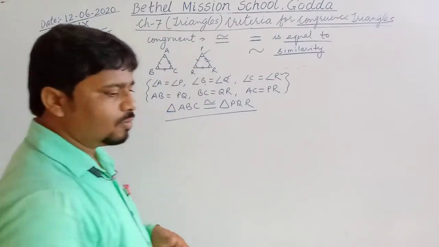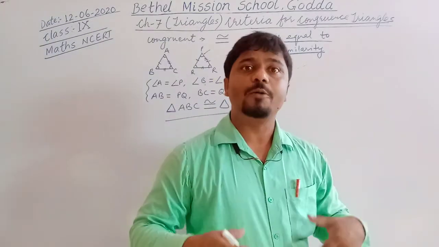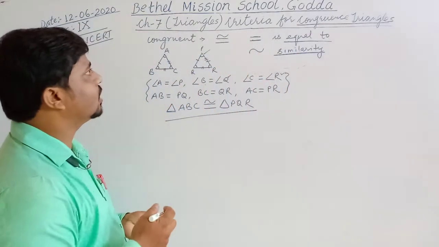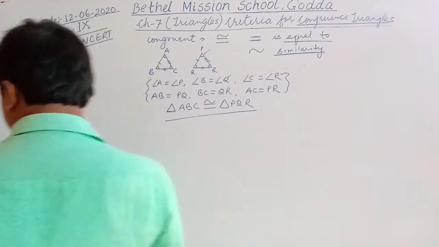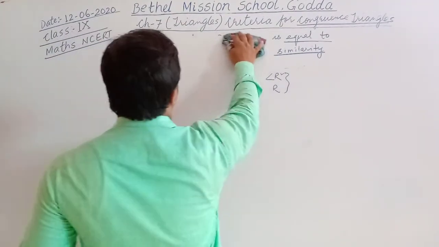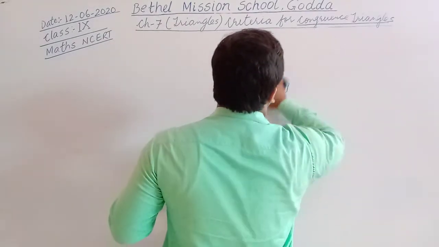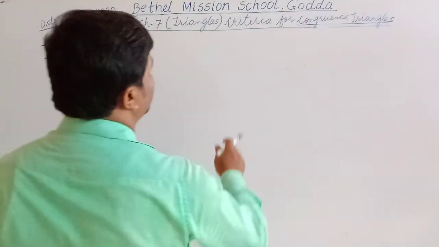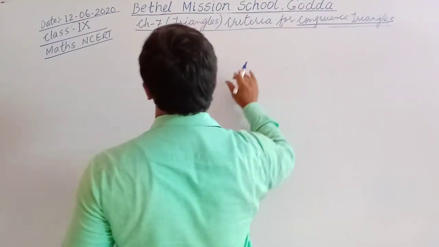Now we have to see how many criteria there are for congruent triangles. Let's see the criteria. Generally there are 4 criteria, but one more criteria we study.